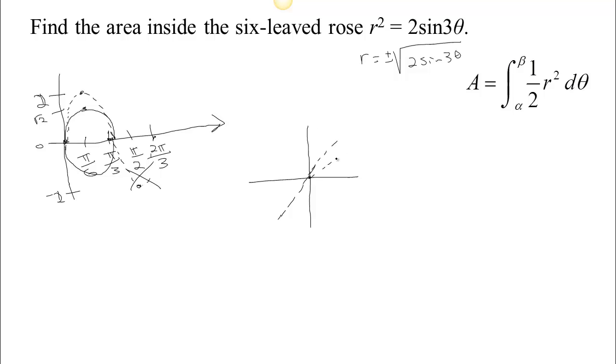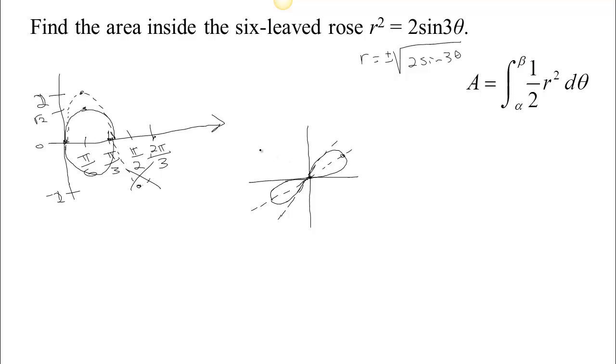And when you're at pi sixths, you have the maximum radius, so you have a big leaf here, right? At the same time, you're going to make another leaf back behind. So if we extend this line pi sixths here, while you're facing into the first quadrant, these negative radii just come back and draw another leaf right there.